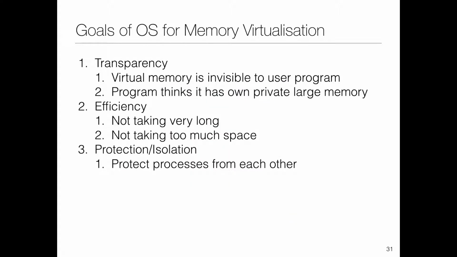There are a few goals of an operating system to make memory virtualization more efficient and more competent. The first is transparency. We want the virtual memory to be invisible to the user program, in the sense that each program will think that it has the entire memory to itself.